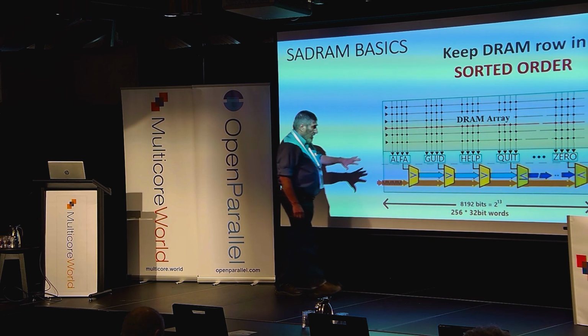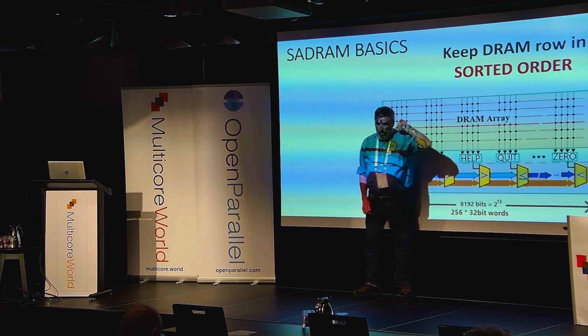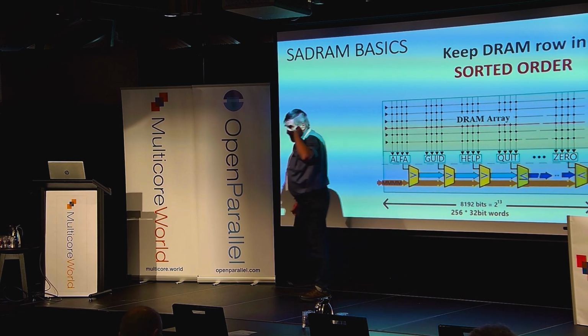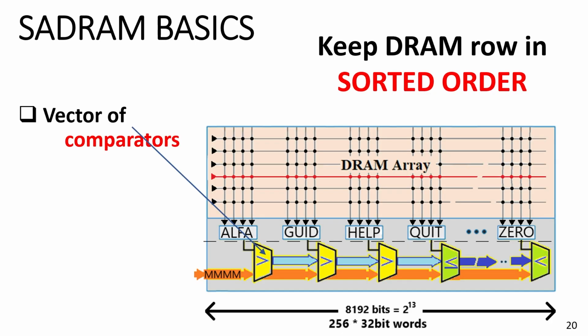So rather than a chaotic method, we impose an order on the DRAM in the way it represents, or stores, the data. Based on that vector of comparators, I can take a target word and compare it simultaneously with every word across the DRAM row.